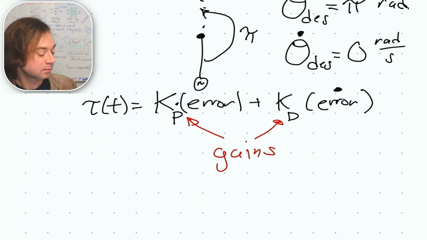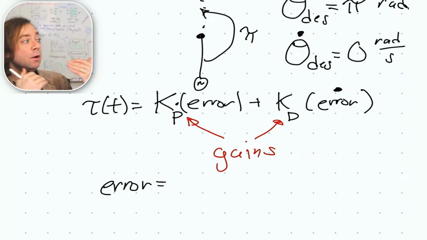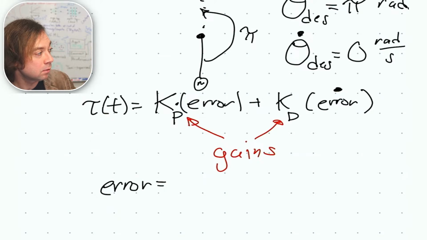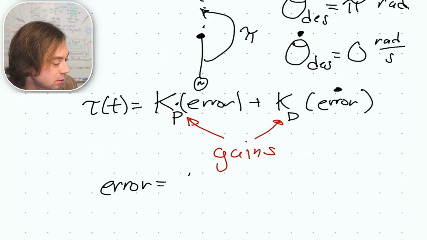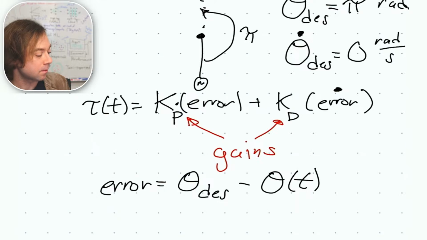Okay? All right. So now the error, you'll recall, is equal to your desired minus your actual, D minus A. Where you want to go versus where you are right now. So this can be our theta D, theta desired, minus our theta actual, theta of t.